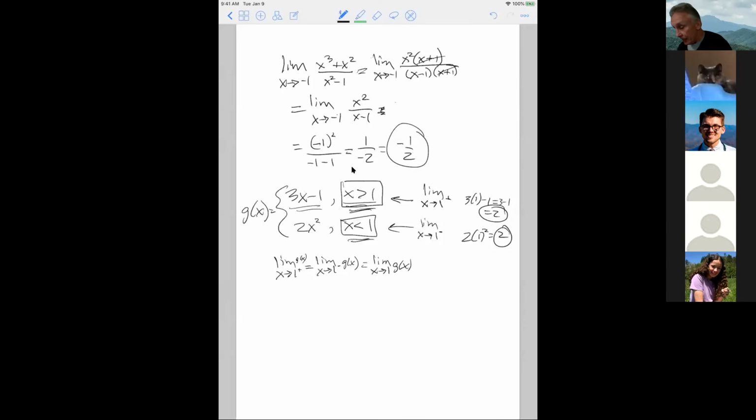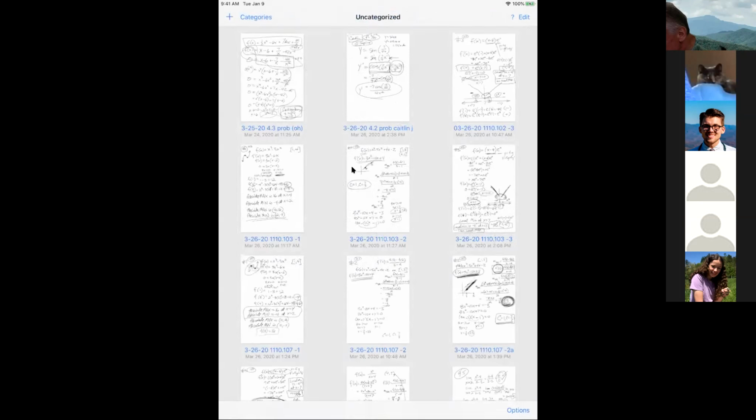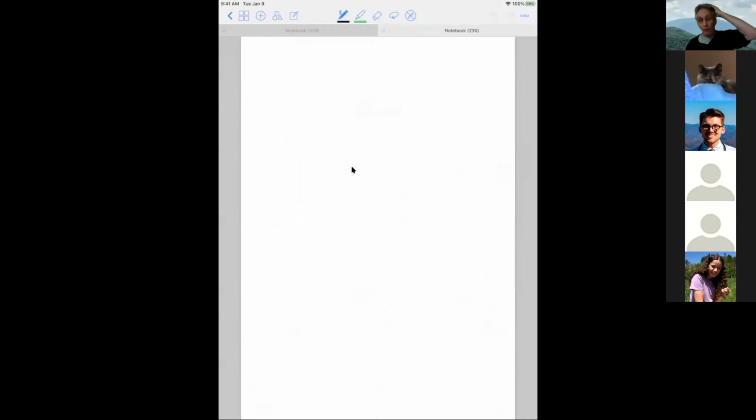Okay, so I'm going to go to a new screen. What I want you to see is, if f of x is equal to x squared minus 5x, what they said in the text.